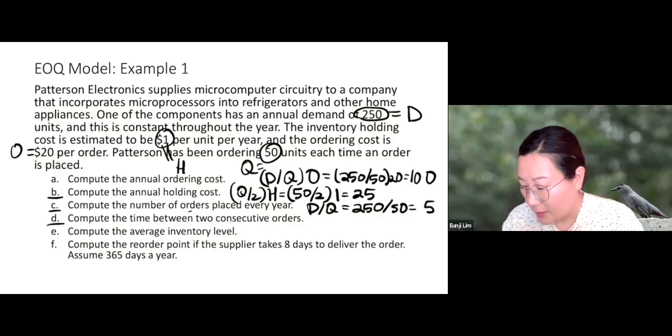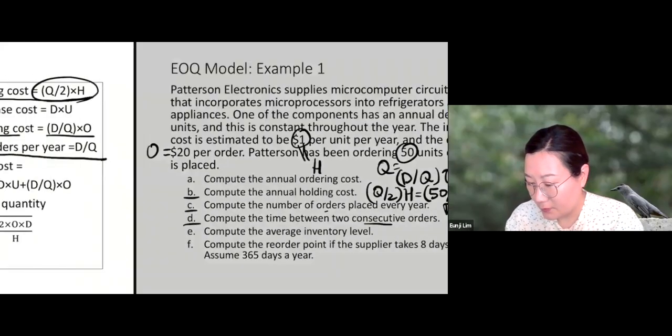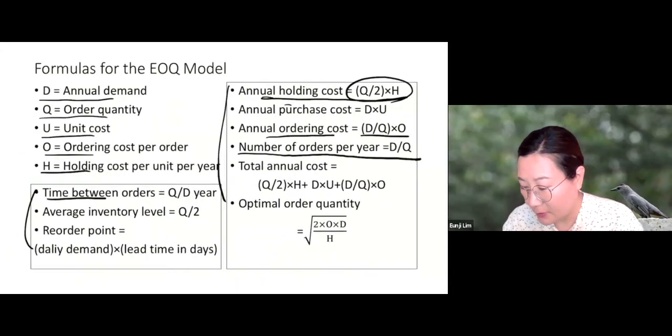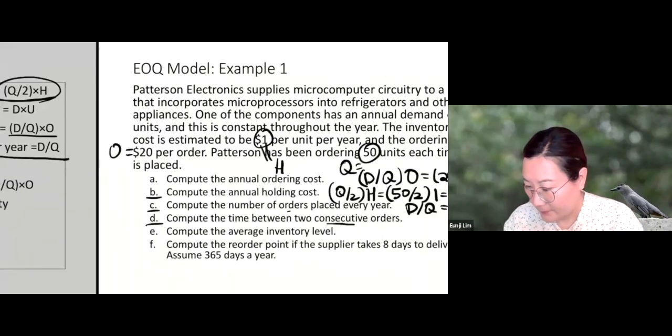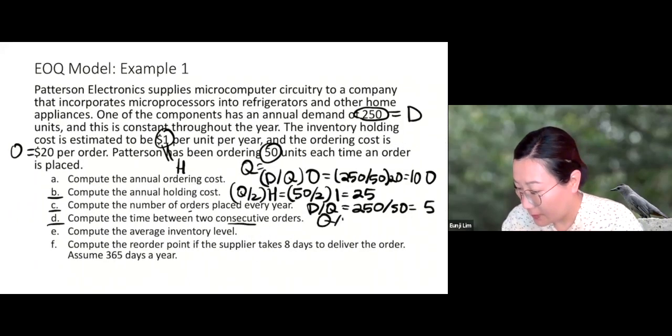Let's go to D. Compute the time between 2 consecutive orders. So what's the formula for the time between 2 consecutive orders? It's Q over D, and the unit of this quantity is the year. Q over D, year.